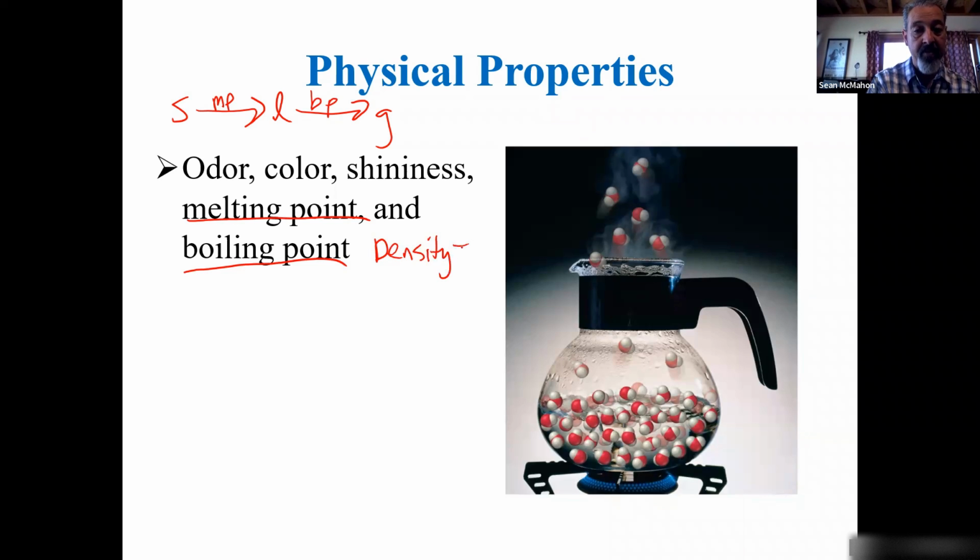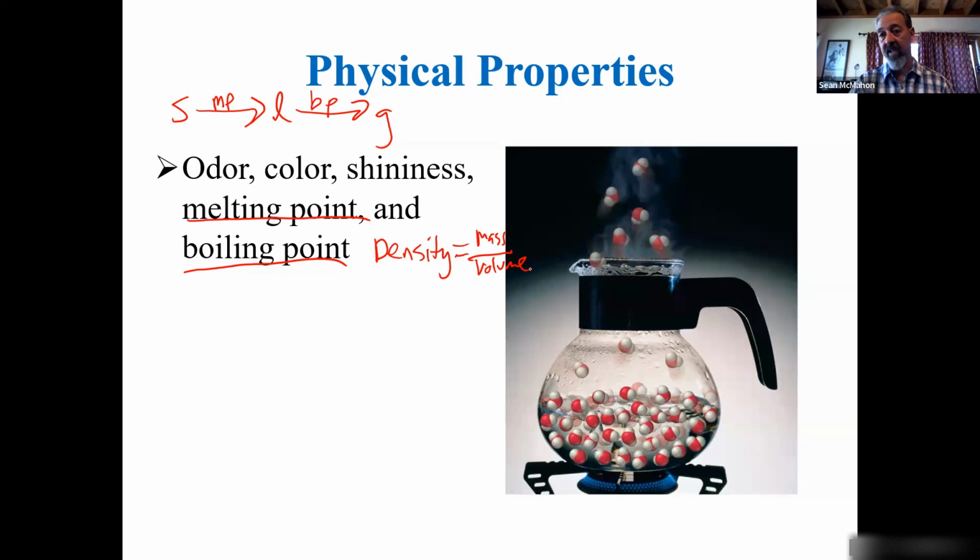And you may remember density is mass over volume, DMV. If you know a pure substance's melting point, boiling point, and density, then you can narrow down what it is very easily of all the possibilities just by knowing those three physical properties: melting point, boiling point, and density.